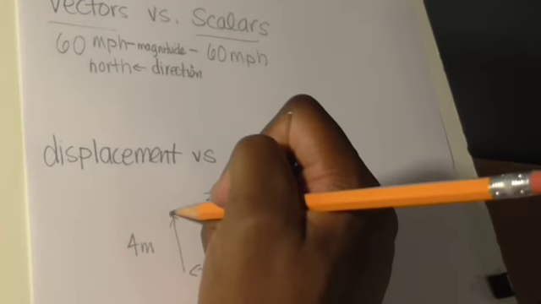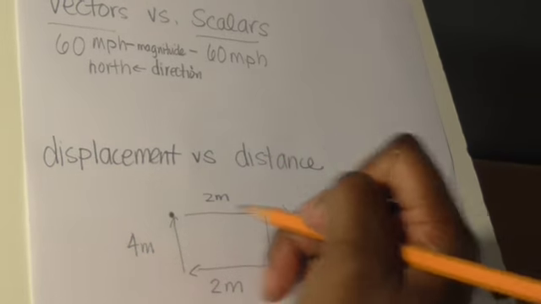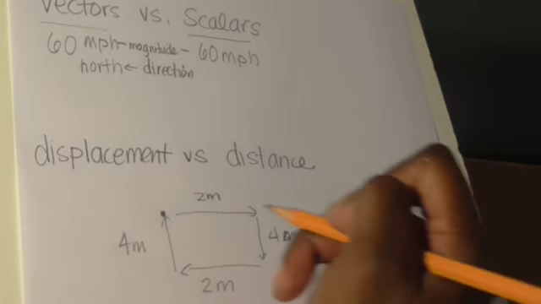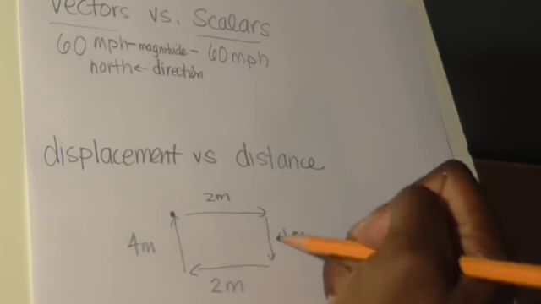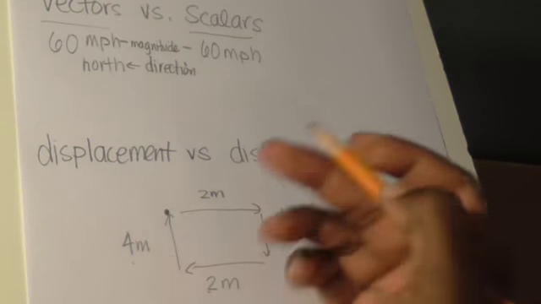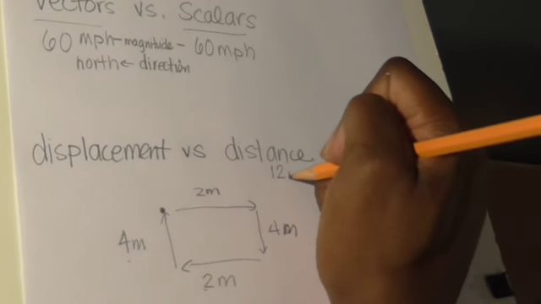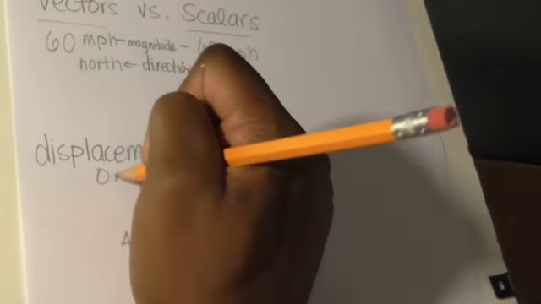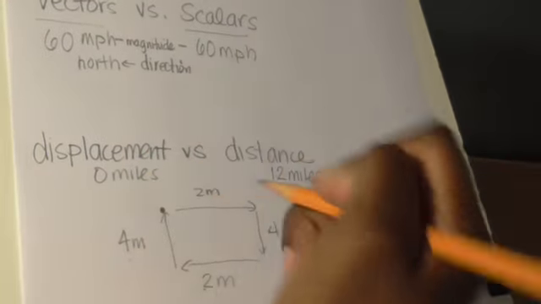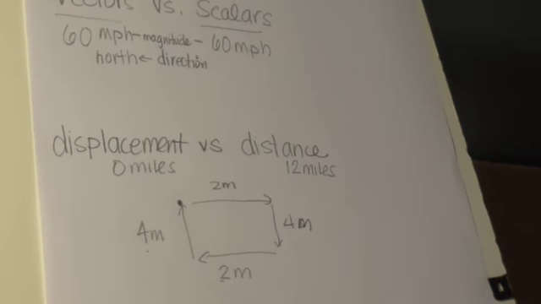I've effectively walked in a circle. Well, actually a square. My distance would be the 2 plus the 4 plus the 2 plus the 4. So my distance in this case is 12 miles. My displacement is 0, because compared to where I started, I didn't go anywhere.